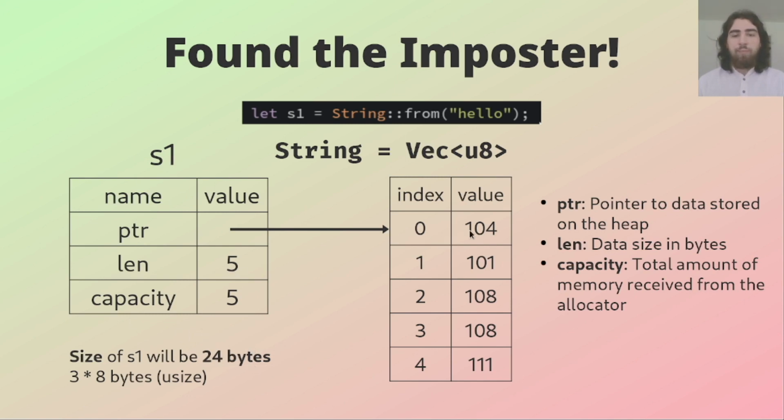Now, as you can see, this would be a vector allocated in heap memory that holds the UTF-8 bytes over here. Of course, in memory, this would be in binary, but this then holds the character code for this character inside the string.